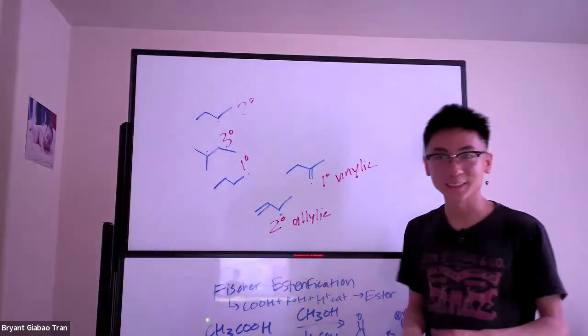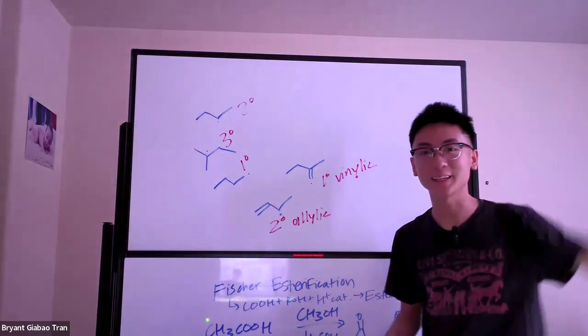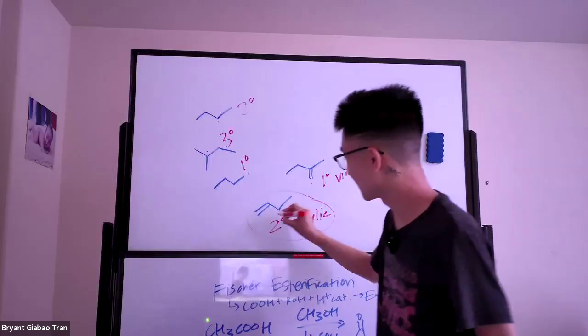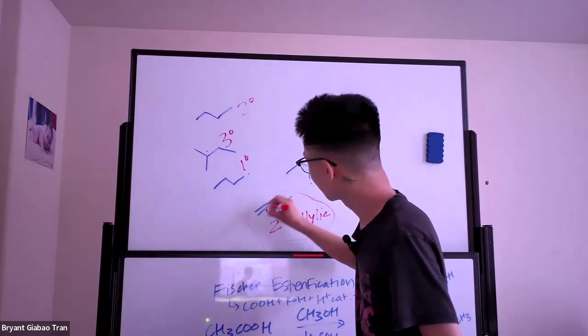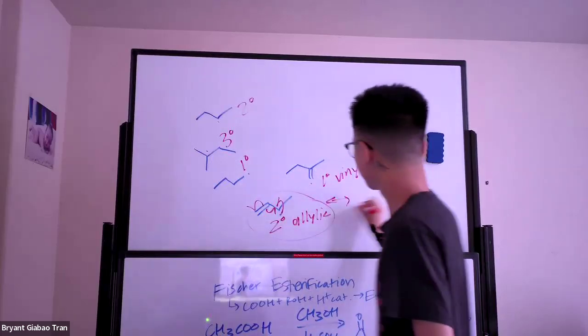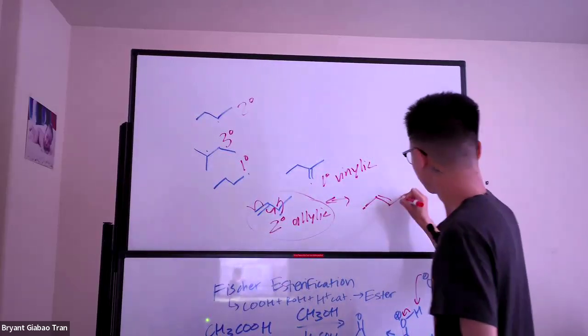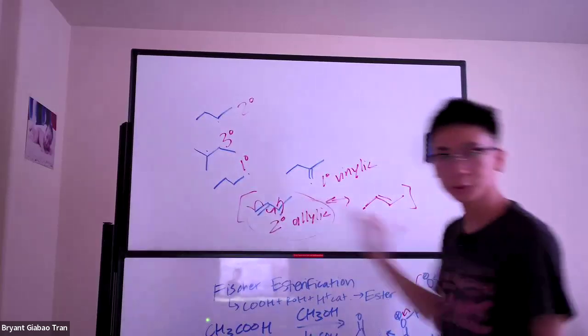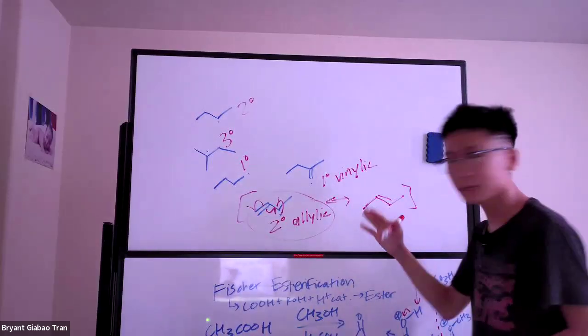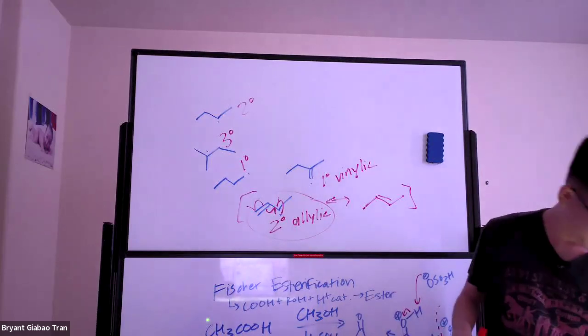Which one of these can do resonance? Resonance will triumph everything. Secondary allylic. Yeah, so this would be the most stable one because that radical can do resonance to form this resonance structure here. And when it can do resonance structures, it's more delocalized, making it more stable.